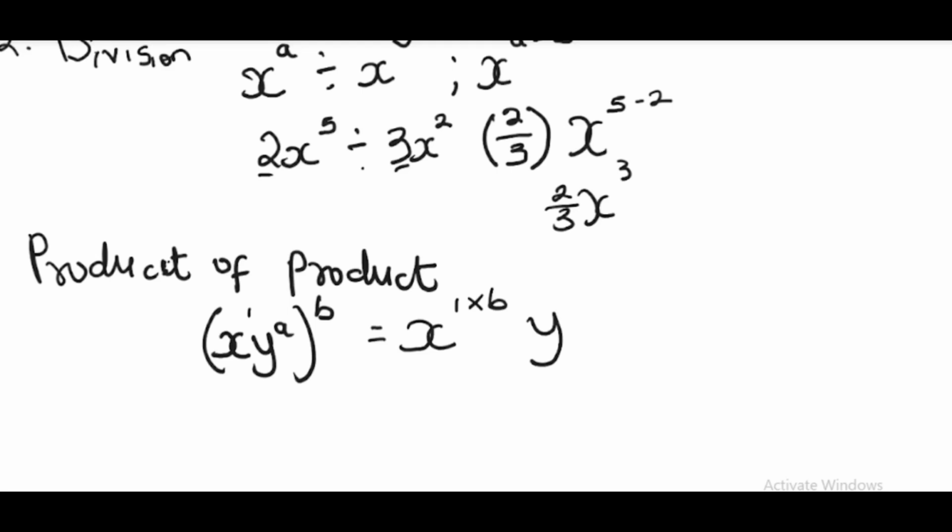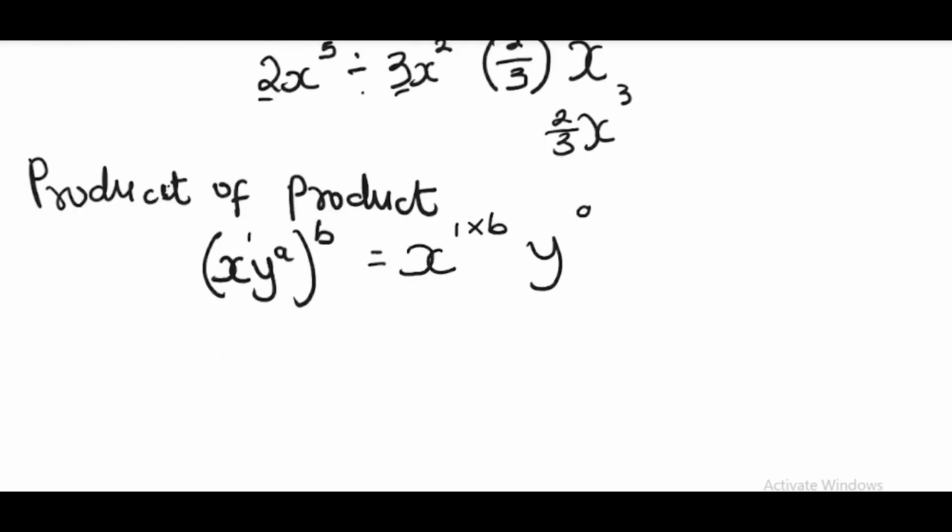So we have y to the power of a times b. So the result of that will be x raised to the power of b, y raised to the power of ab, and that's our result.